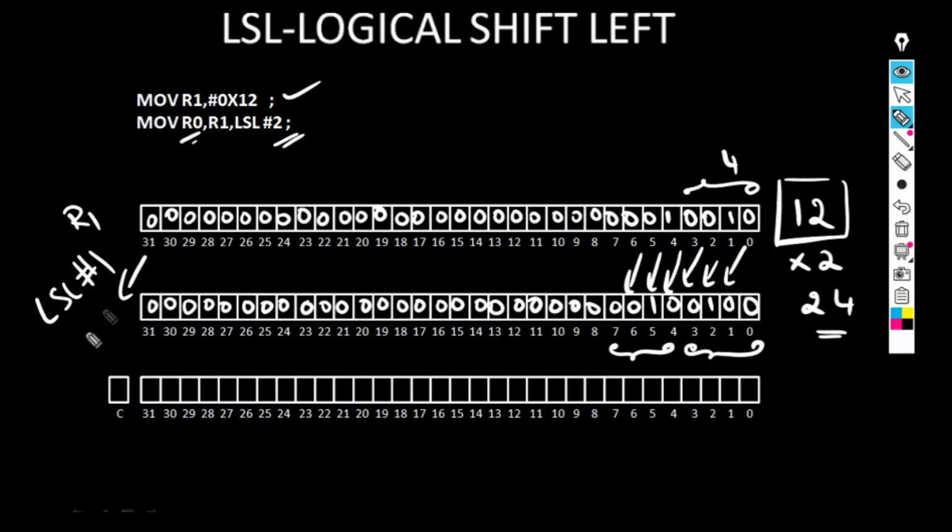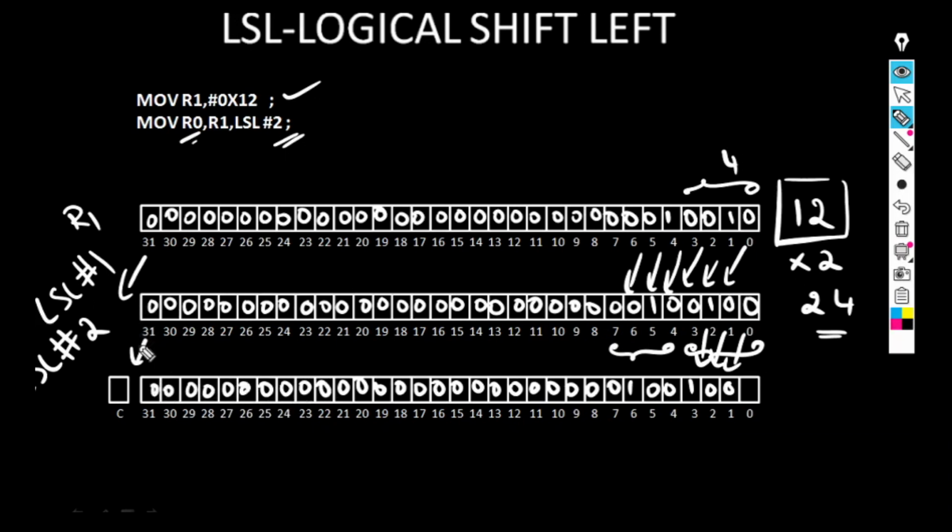Let's see what will happen when performing LSL #2. The entire content is shifted to the left again and this bit will be shifted out. The 31st bit is shifted out and the vacant position will be filled with 0.